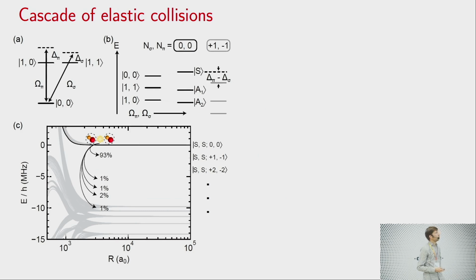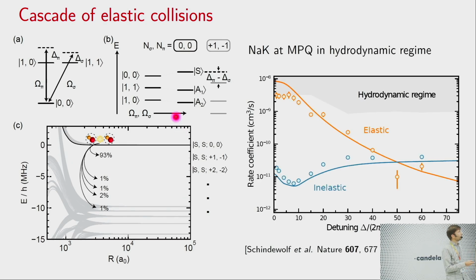This is not just a peculiarity, this may actually be something that you can observe. So you might say, okay, wherever you go here, you're releasing either a few or 10 megahertz energy, and this is just a loss process because these molecules are not trapped. But actually, when these molecules are dressed, they have such long-range interactions that elastic collisions are very fast. Just as a reminder, in sodium potassium at MPQ, thermalization is in a hydrodynamic regime.